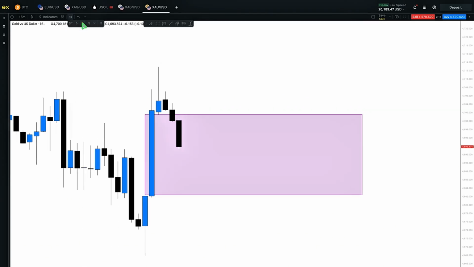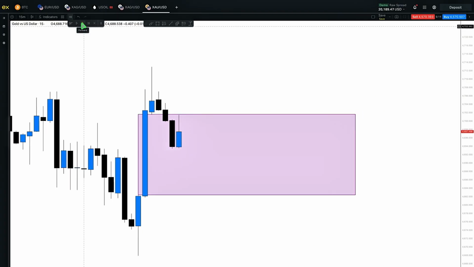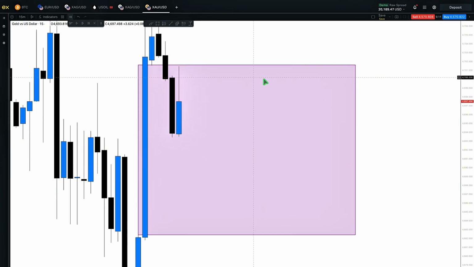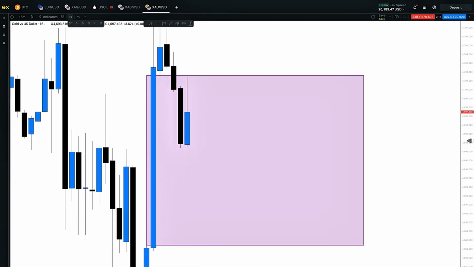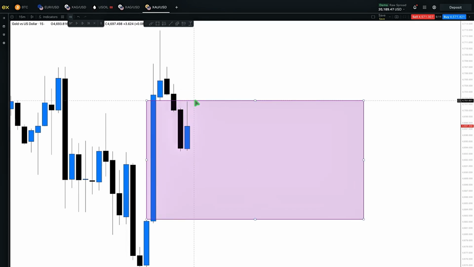Now we will look for a second one, and if the price comes down and touches this level, then this structure won't be valid. So okay, you can see the price came down. Okay, it retested this fair value gap, and here you can see that the price then went up, and let's see if it goes above this fair value gap.